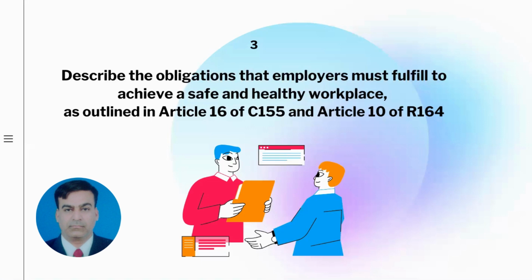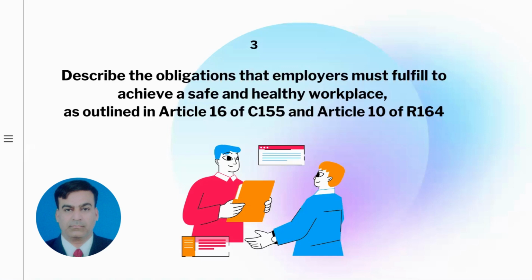Number 2, provide appropriate instructions and training to employees, and provide necessary supervision to ensure safety. Number 3, establish health and safety arrangements that are suitable for the size and nature of the undertaking, that means the workplace or the organization. Number 4, provide personal protective clothing and equipment free of charge.